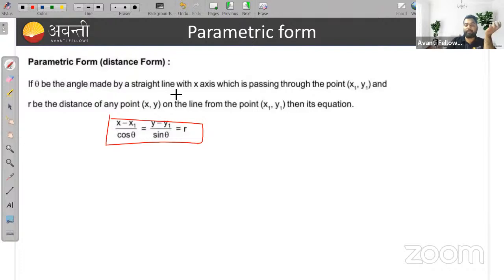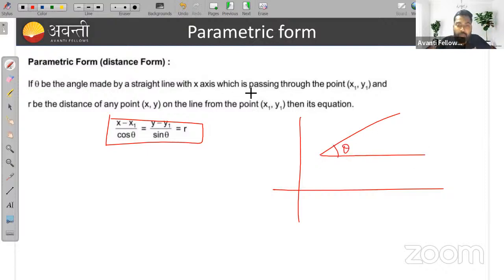If theta is the angle made by a straight line with the positive x-axis, passing through the point (x1, y1), and r is the distance of any point (x, y) on the line, then its equation will be (x minus x1) upon cos theta is equal to (y minus y1) upon sin theta is equal to r. You can find the derivation of these equations in any standard book.